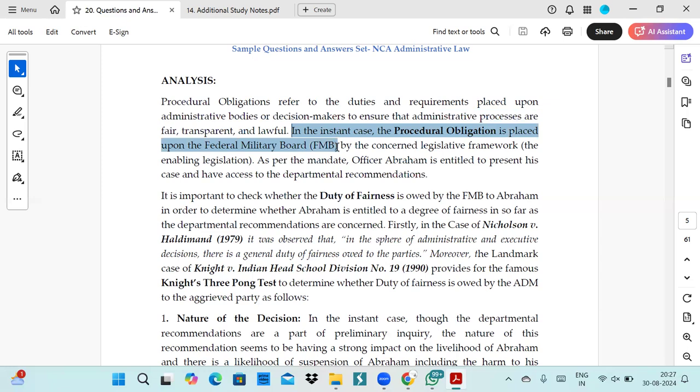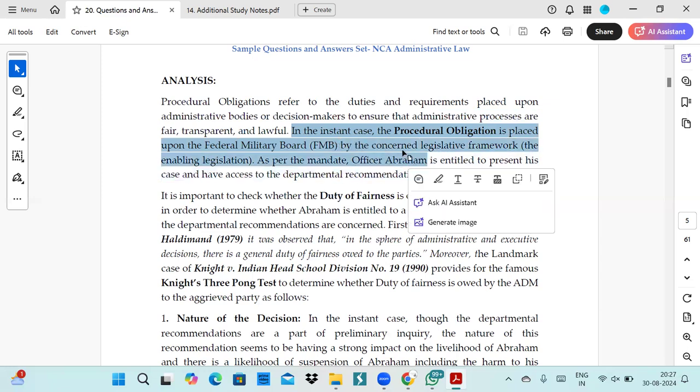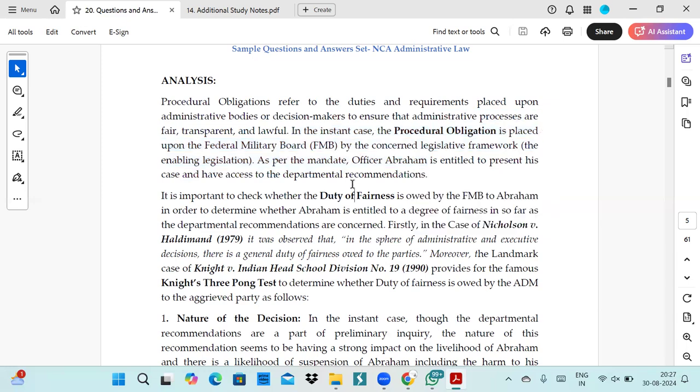We are talking about this particular board and the person, Abraham. So you have identified both the parties, and indirectly you are saying that you have understood the facts. I have understood the facts, I have identified the parties, and these are the people they are dealing with. So this is an eye-catching moment for you to show.